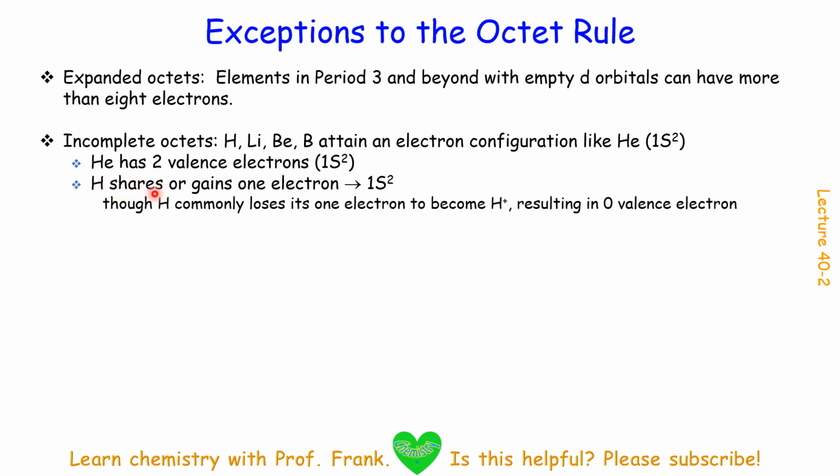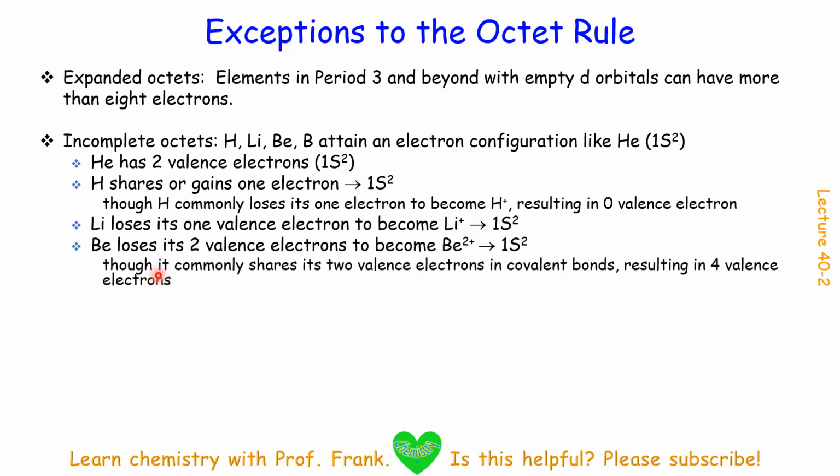Hydrogen either shares electrons or gains 1 electron to have an electron configuration of 1s2. Although it commonly loses 1 electron to become H+, which means there's no valence electron here. Therefore, there's no electron configuration for the hydrogen ion. Lithium has 3 electrons; it loses its valence electron and becomes Li+.